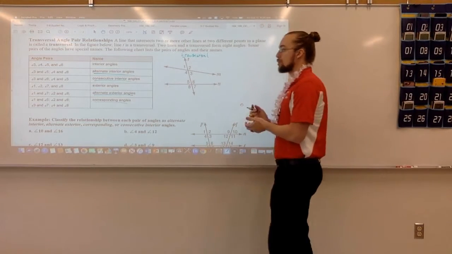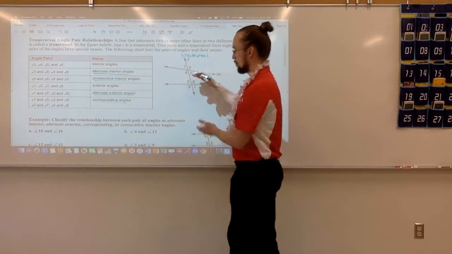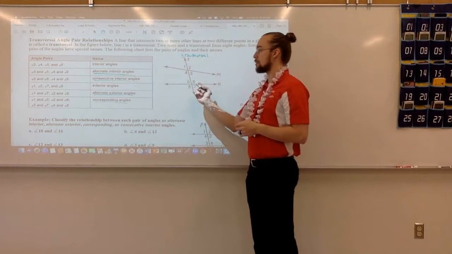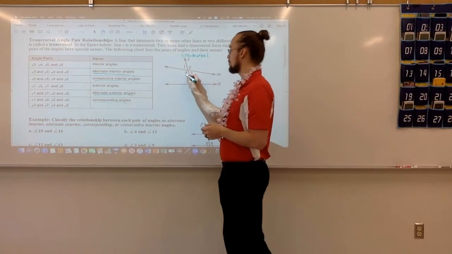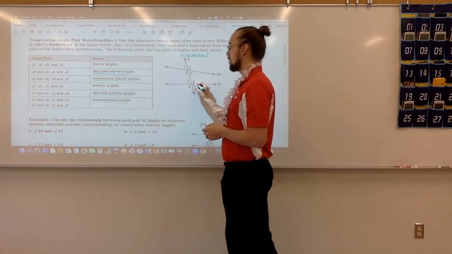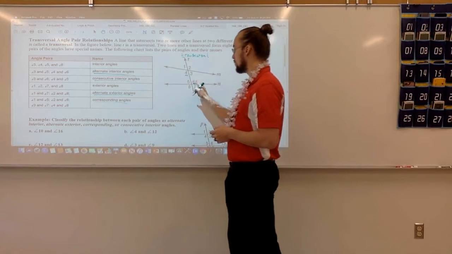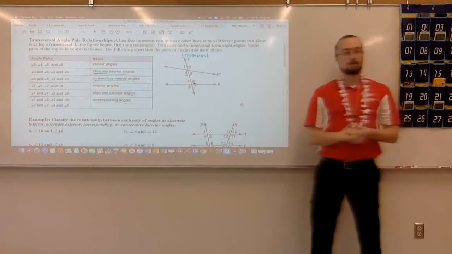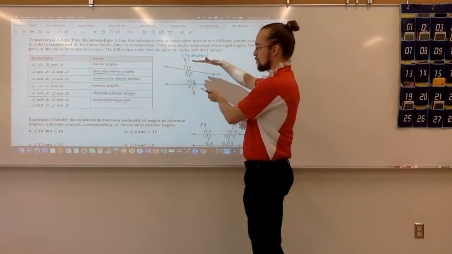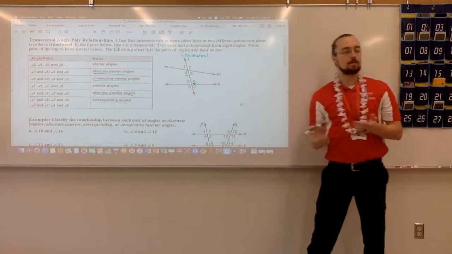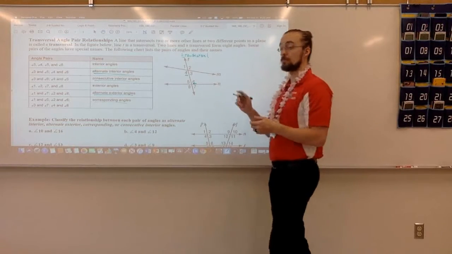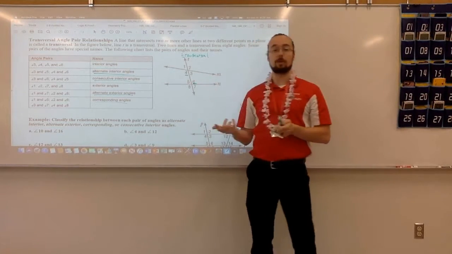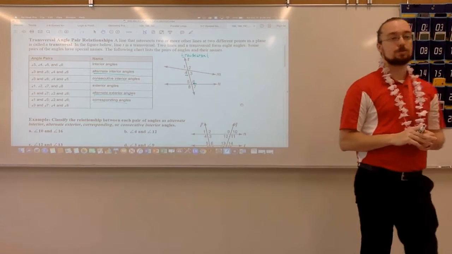So if we're talking about angles that are on the inside, on opposite sides of the transversal, I can say 4 and 6 would be a pair of alternate interior angles. They're on opposite sides of the transversal, both on the inside of my 2 lines. Then 3 and 5 would also be a pair of alternate interior angles.